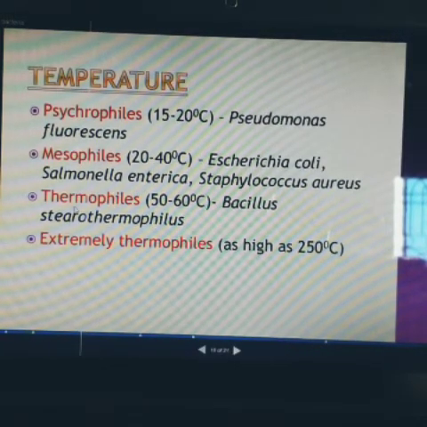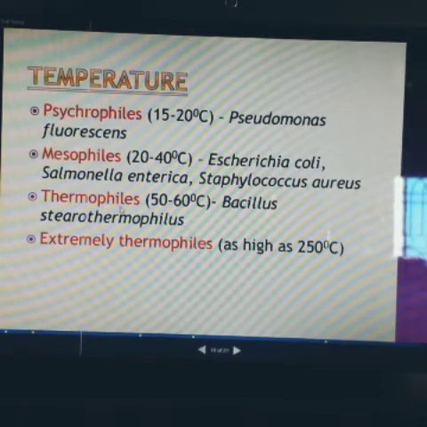And the next one, thermophilic bacteria. You know, my dear students, thermo means high temperature.